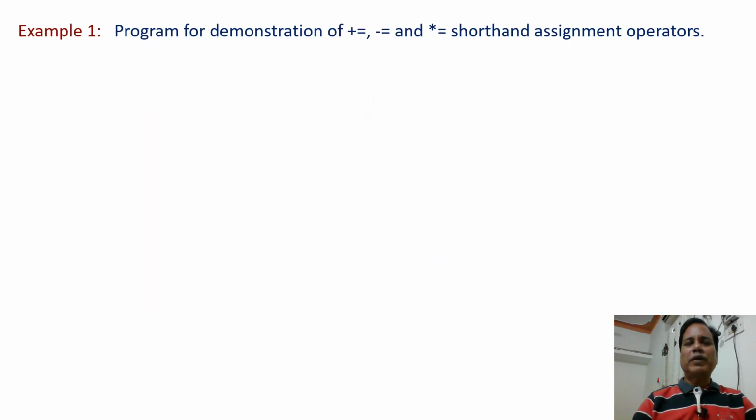Now we will try to understand these through an example. In this example we have to write a program for demonstration of the plus equal, minus equal and star equal shorthand assignment operators.